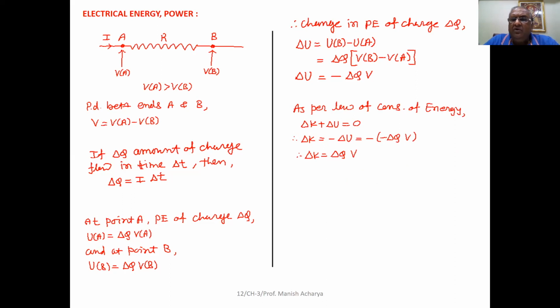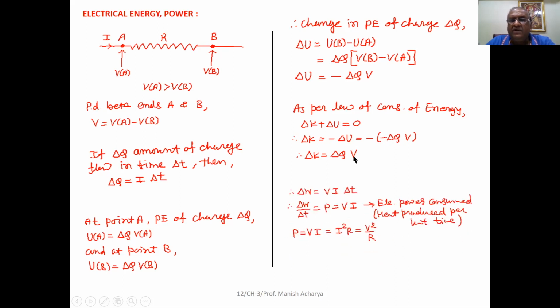Now, as per law of conservation of energy, we can write delta K plus delta U equal to 0. So delta K is minus delta U. Substitute the value of delta U, that is minus delta Q into V. So this is equal to minus of minus delta Q into V. Therefore, change in kinetic energy is delta Q into V. Now, as per work energy theorem, the change in kinetic energy is equal to work done.